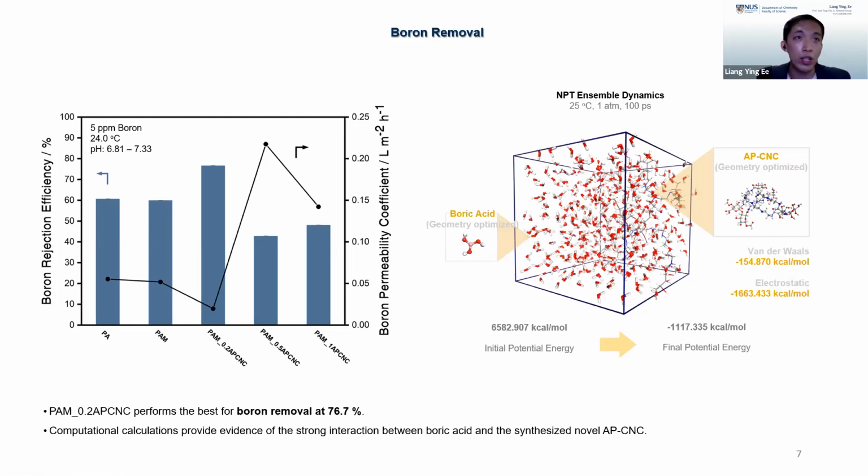This complexation capability of APCNC was also described using molecular simulation, where electrostatic interactions between the nanofiller APCNC and boric acid are the most significant. The change in the potential energy also supports the spontaneity of the interactions between APCNC and boric acid. Hence, we can safely say that this is a viable nanomaterial effective for boron removal.